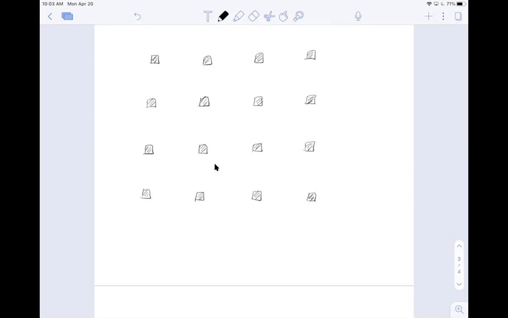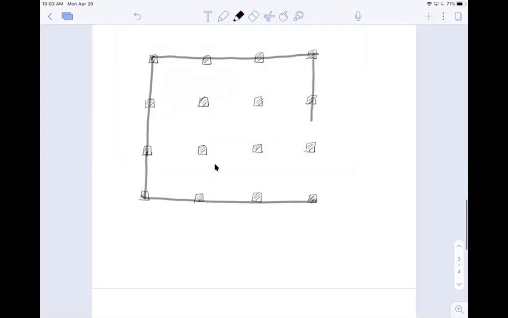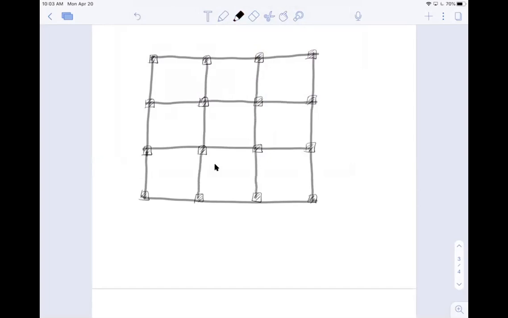And then once I have that, I have to have a frame. So my frame goes this way. I'm going to use a thicker color, black. So this is my beam, this is my beam, and this is my beam as well. So these form the grids.